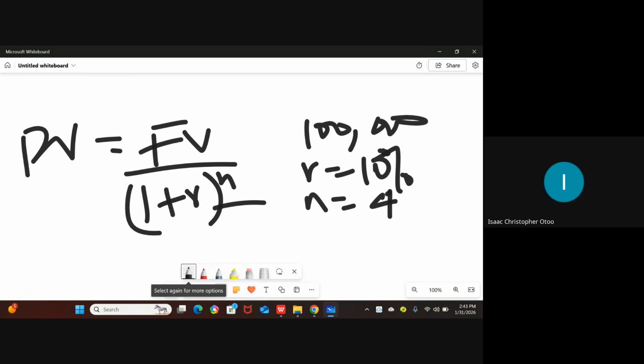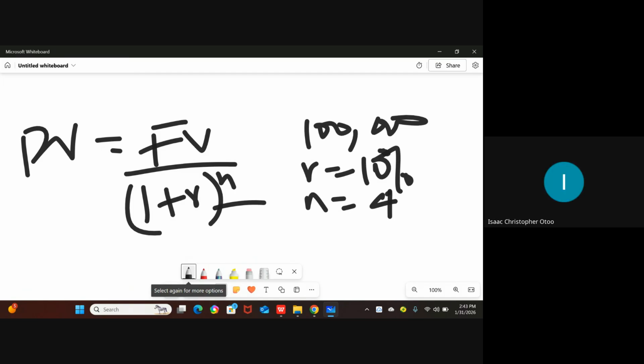And because of the time value of money, we can't just leave the money in the box or in the pocket. Therefore, you have to invest it. When we invest it, every year we get 10% for 4 years. So let's substitute it in the formula.